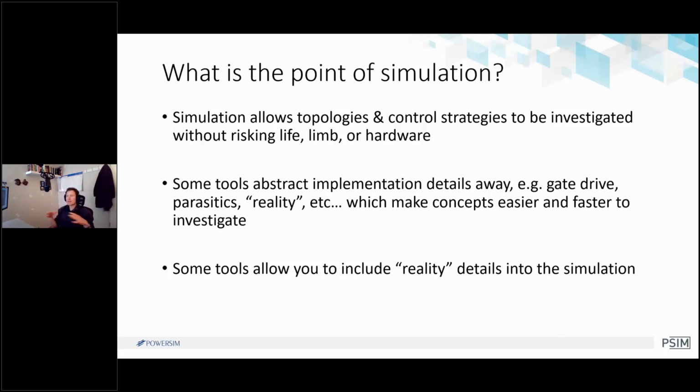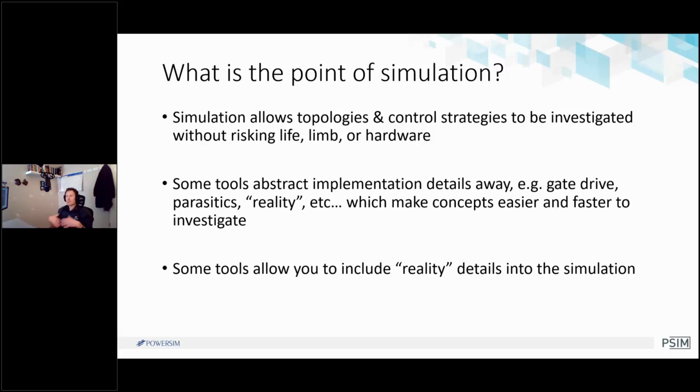Abstracting that information away makes your initial design process easier, because you're not trying to deal with interactions that potentially will break things or stop things from working in real life. You need to get to those things, but if you're just trying to see if the topology works, there's no point dealing with inductor saturation or gate drive noise ringing. You need to divide and conquer.